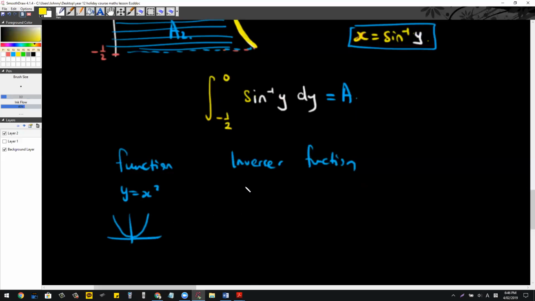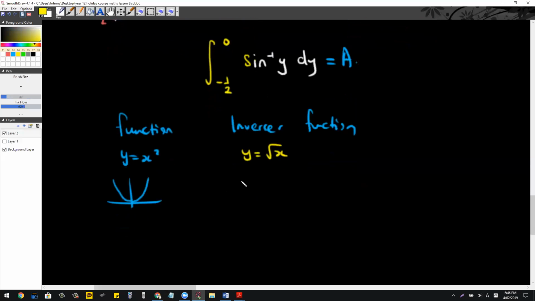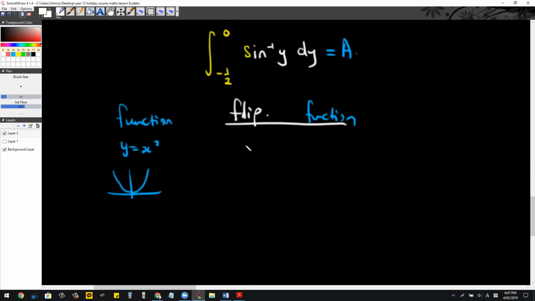But when you find the inverse function, y is equal to square root of x, which is only this bit here. So if I flip the function, x is equal to square root of y, but that's only this section here, which is half.